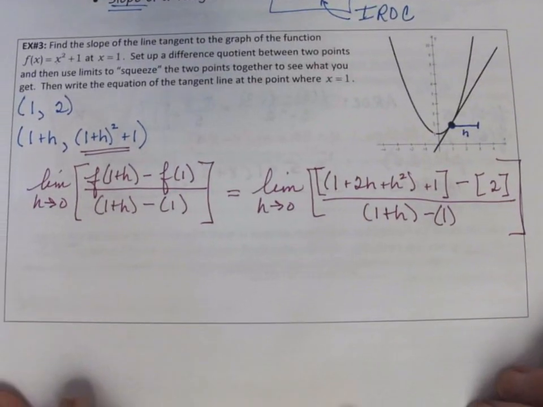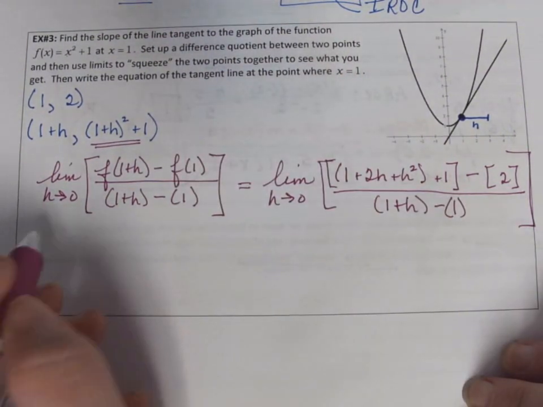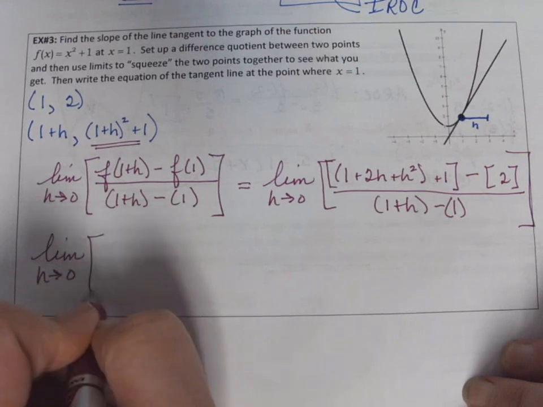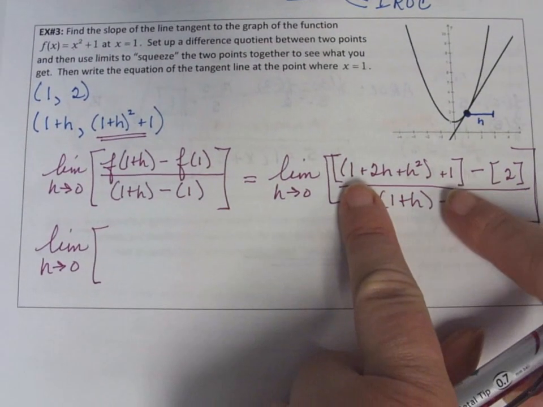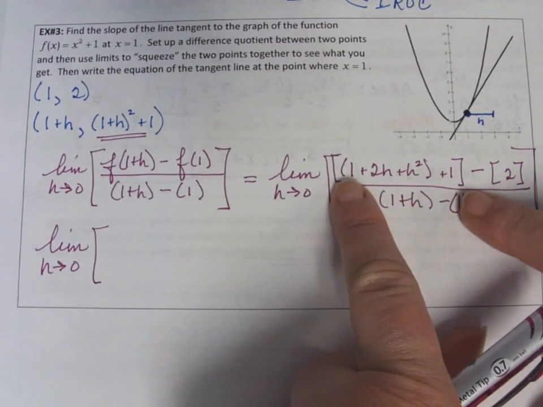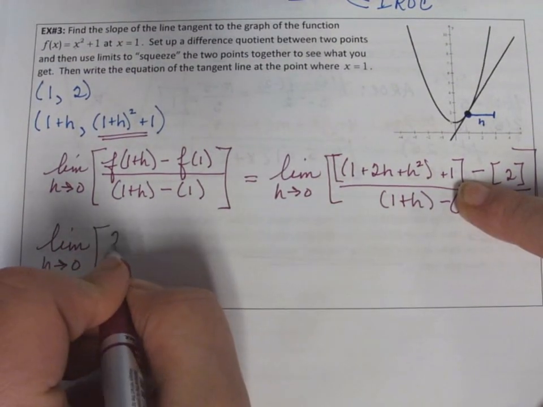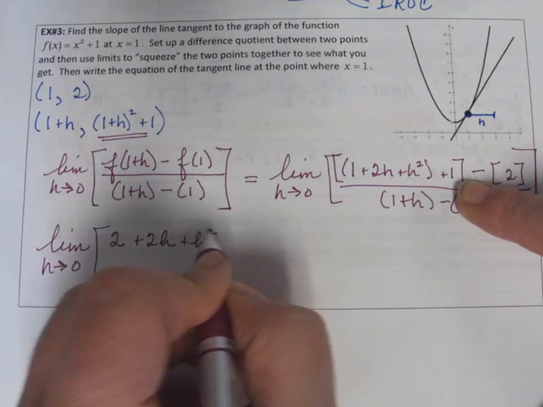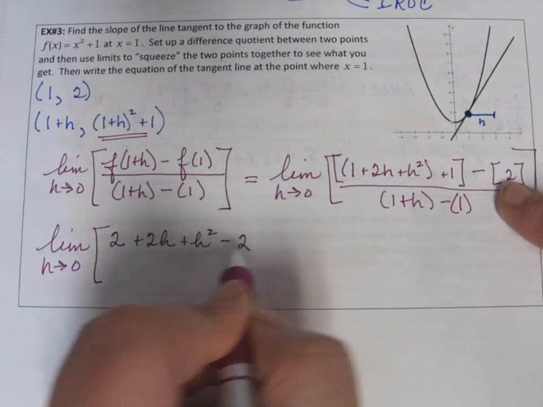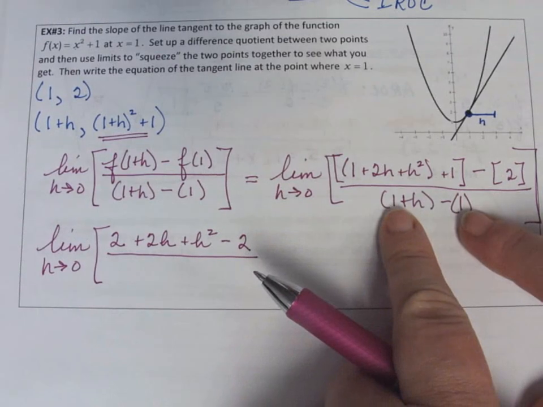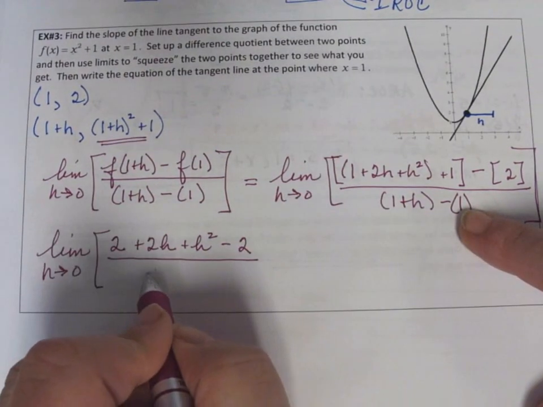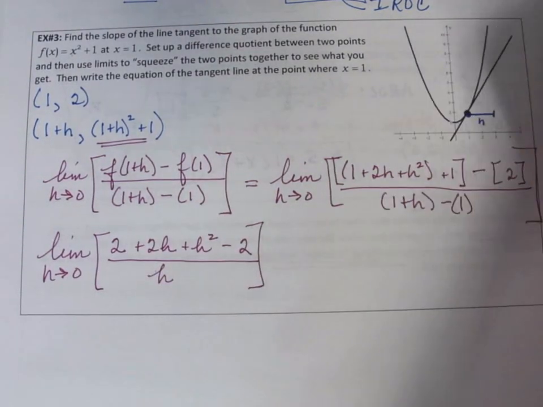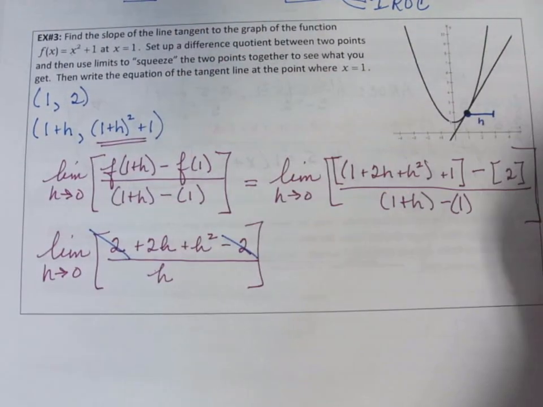Now, before we can evaluate this, we need to do some cleaning up. We still have our limit, because I'm still working inside the limit, trying to clean it up. If I look at this numerator, this is really 1 plus 1 makes 2, plus 2h plus h squared. Then I have a minus 2 back there. And in the denominator, my 1's cancel out, and I have just an h. Now, I'm not quite done cleaning up because I can cancel these 2's out.